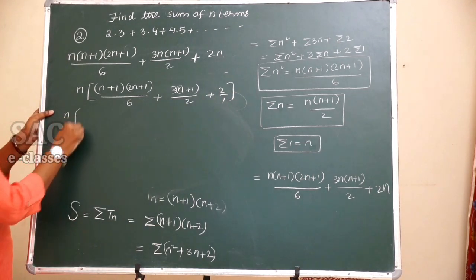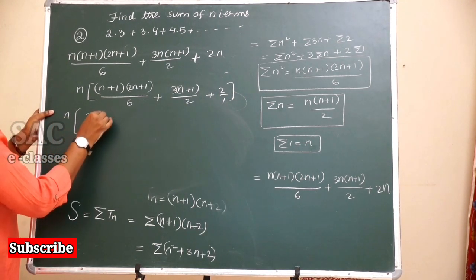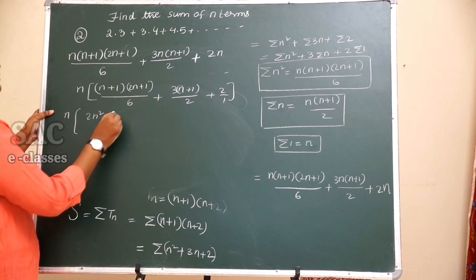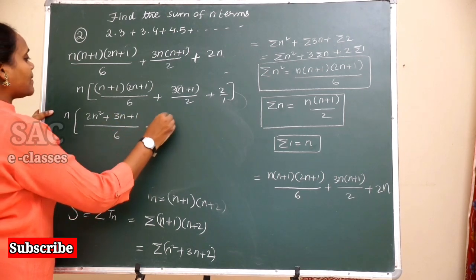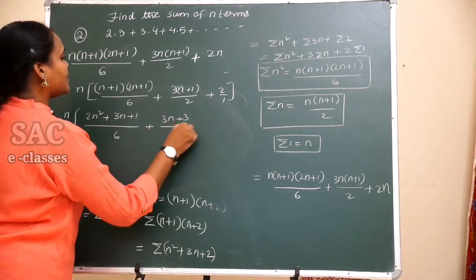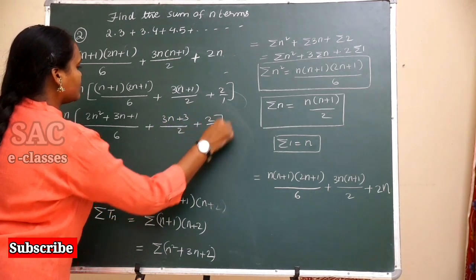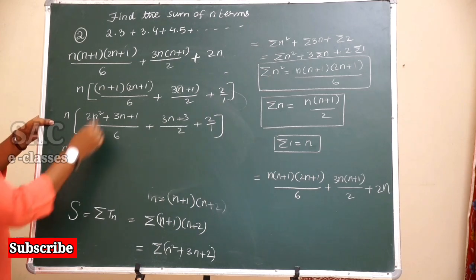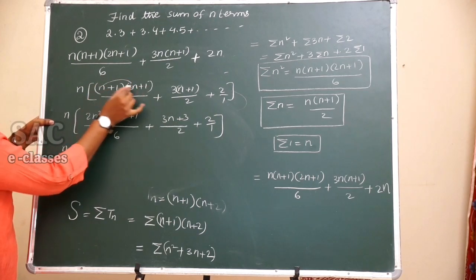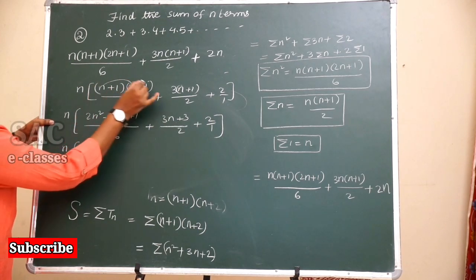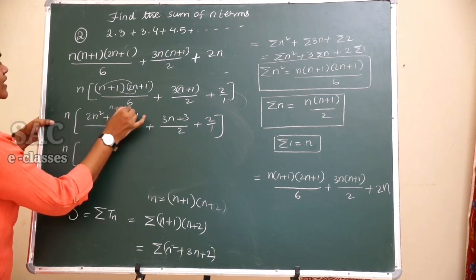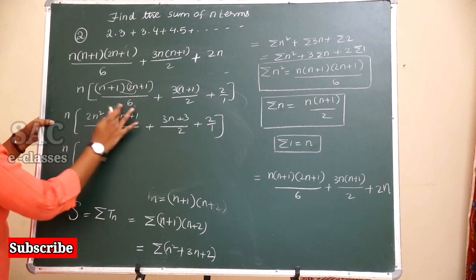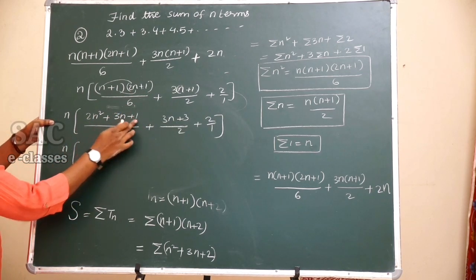Let's simplify this: 2n square plus 3n plus 1 by 6, plus 3n plus 3 by 2, plus 2 by 1. Simply multiplying here, n into 2n is 2n square, n into 1 is n, plus 2n into 1, plus 1 into 1. In that way I got 2n square plus 3n plus 1.